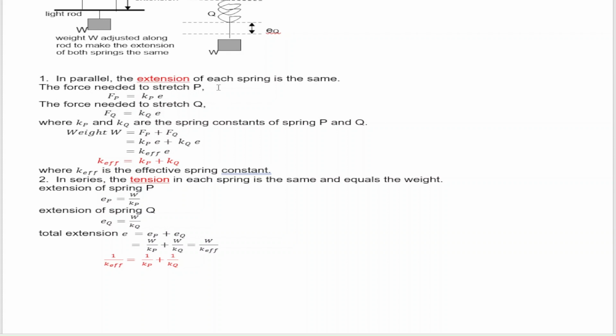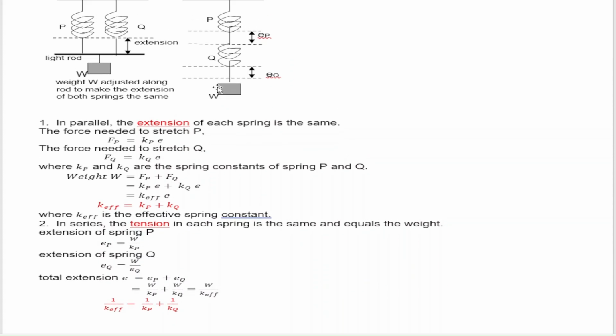The force needed to stretch P is equal to kp, that is the spring constant of P, times its extension. And the force needed to stretch Q, the force Fq, is equal to the spring constant of Q times its extension. The weight is going to be equal to those two forces, Fp and Fq.